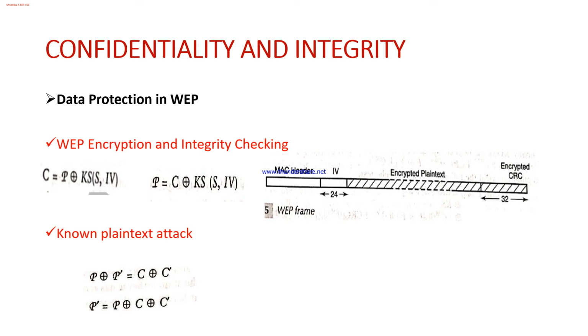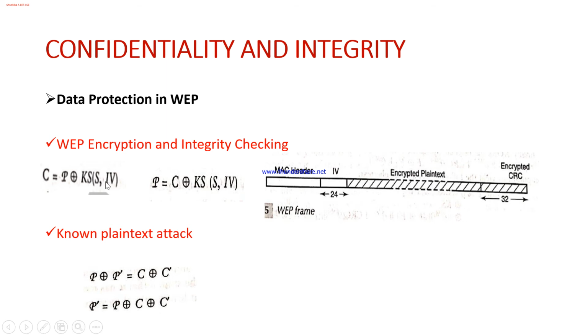To brush up, for providing the ciphertext, we have a plain text, and this plain text is XORed with the key stream. The key stream function contains two main parameters. One is the shared secret key, known to the two communicating parties in advance, which is 40 bits in length.